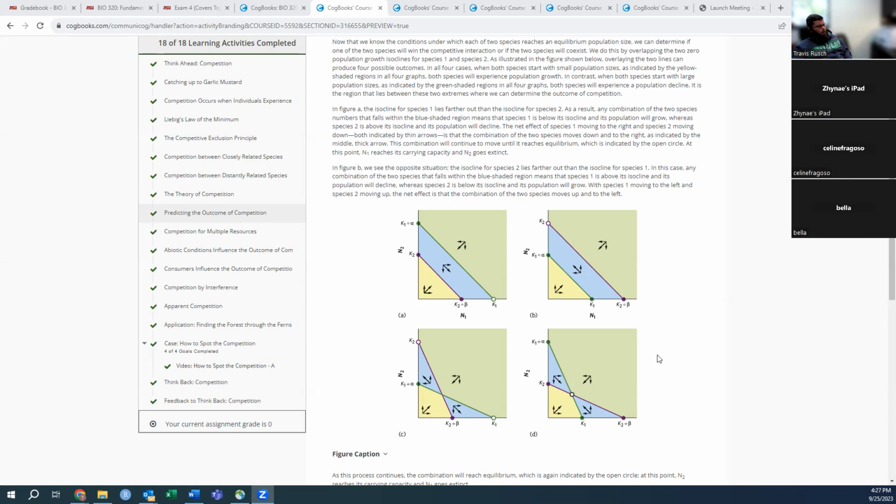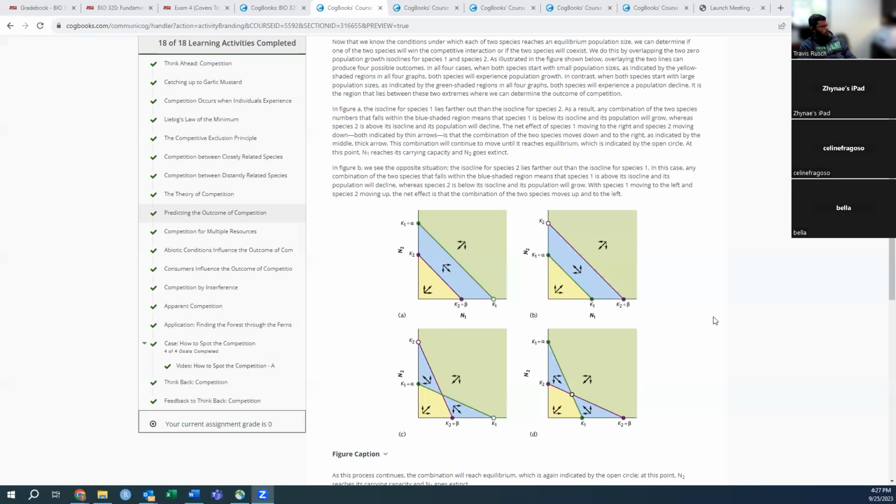In A. Yeah, exactly, in A, because it has the greater equilibrium, and species 1 wins out. Another question could be, which one of these figures allows for the coexistence of the species? That would be D. That's the only one that would always lead to a coexistence.